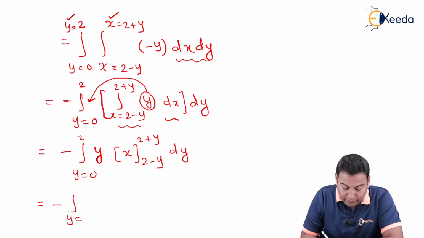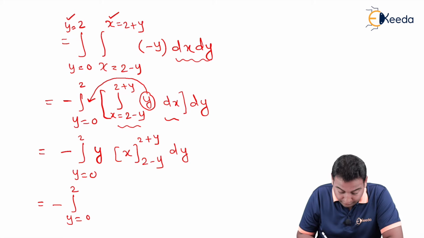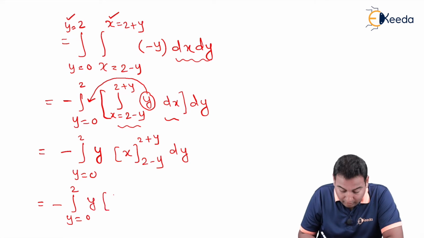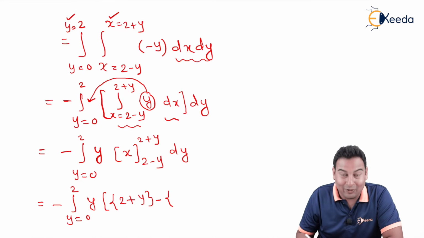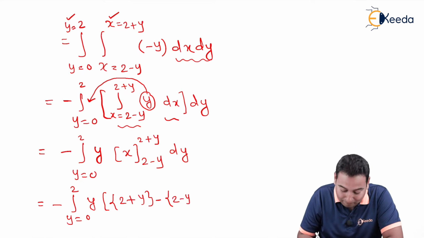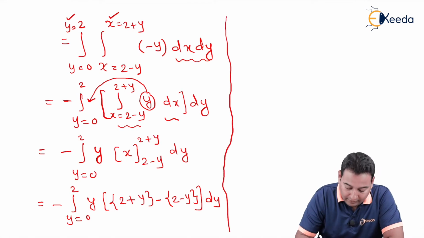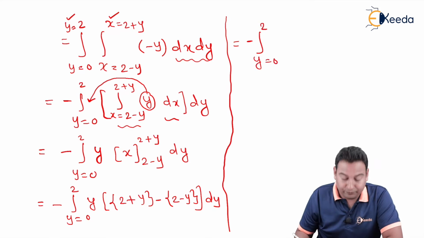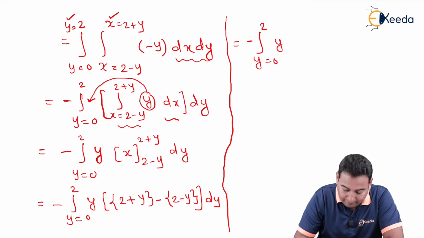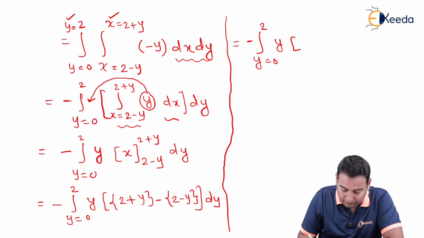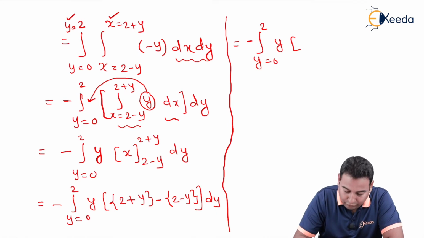Minus integral y equal to 0 to 2, this y as it is, upper limit is 2 plus y, minus lower limit is 2 minus y. Let's simplify. This is minus integral y equal to 0 to 2, this is y, this is 2 plus y.